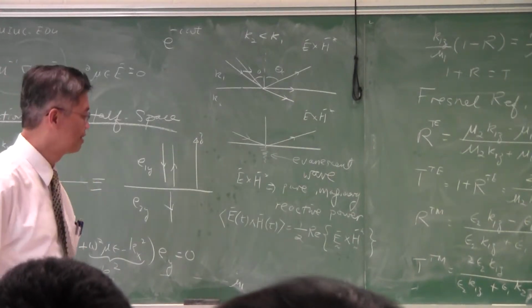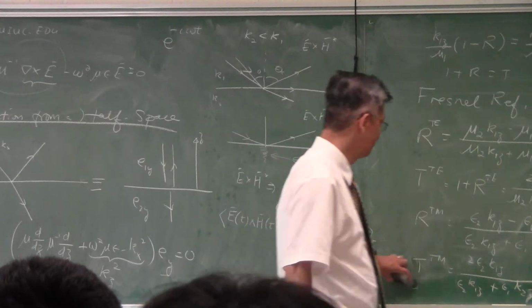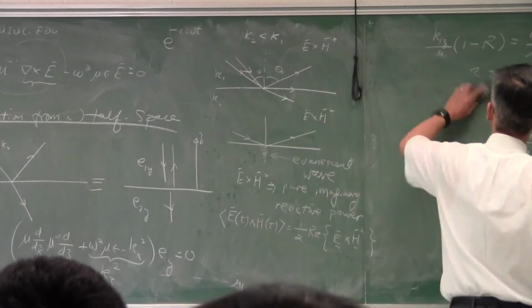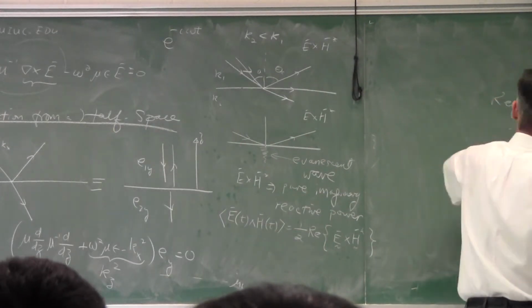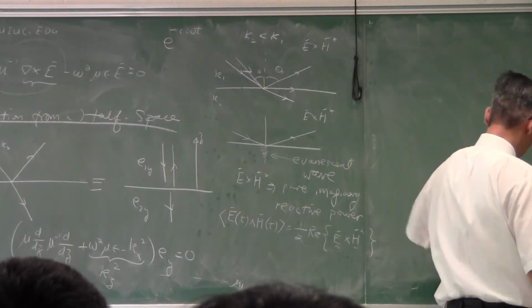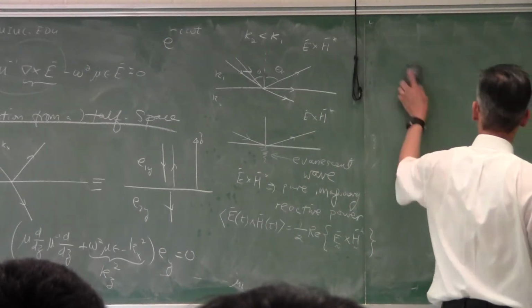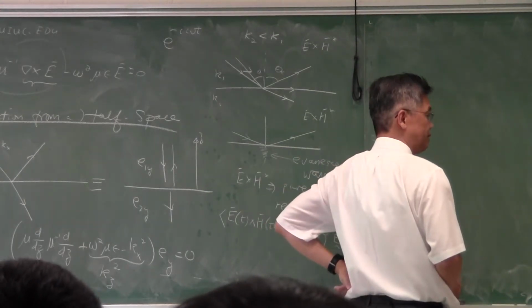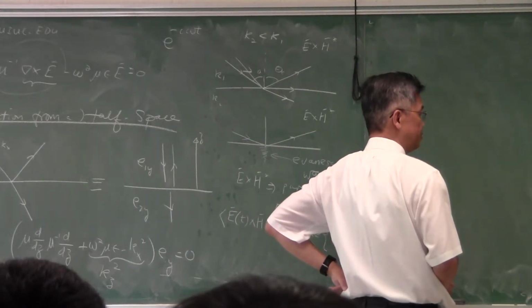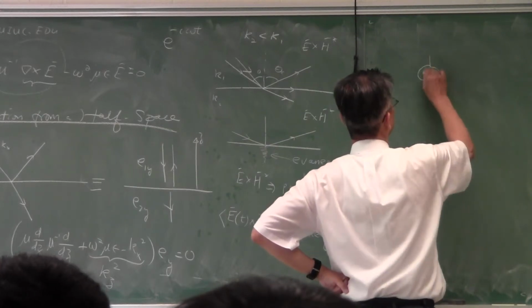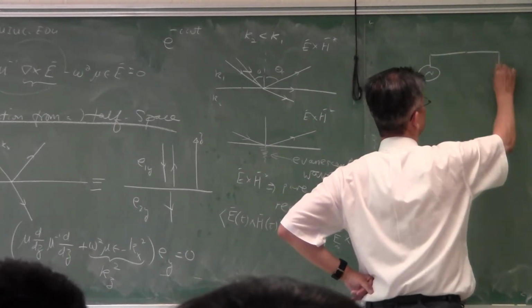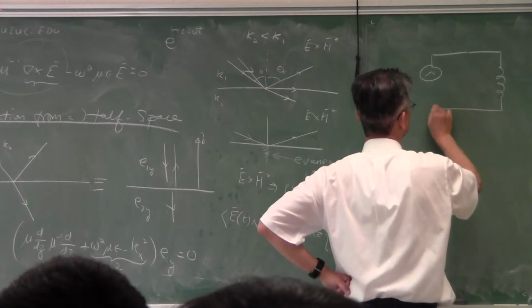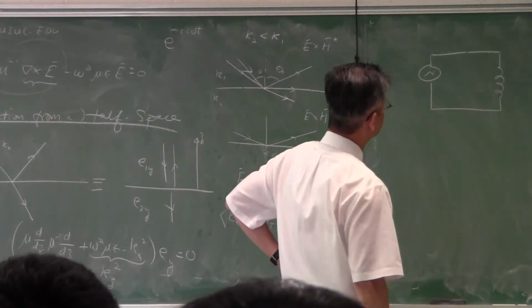So you have this kind of example in circuit problems. Let's see how we can set up a problem in a circuit so that this is true. I think this will show the notion of reactive power.